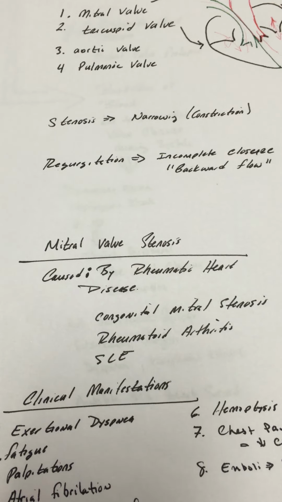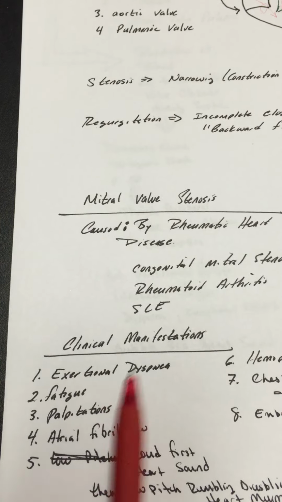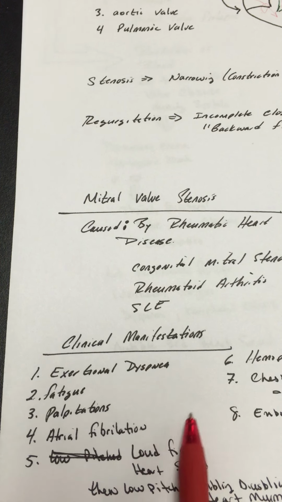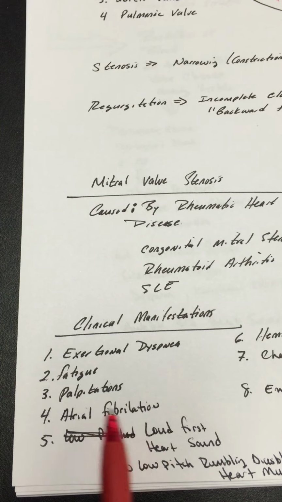So let's move on to our clinical manifestations. Number one, exertional dyspnea. So again, the patient tries to do something, exerts force, and is going to suffer from dyspnea. Fatigue, palpitations, atrial fibrillation.